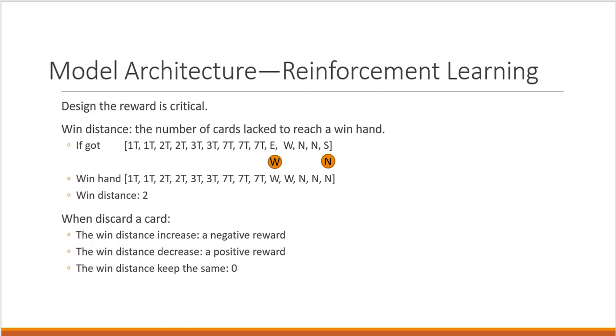For the reward, we make rules that when an agent discards a card, if the win distance increases, that means it gets even farther away from a winning hand, so a negative reward is given. Well, if the win distance decreases, which means it gets closer to a winning hand, a positive reward will be given. And if the win distance just stays the same, 0 will be given.